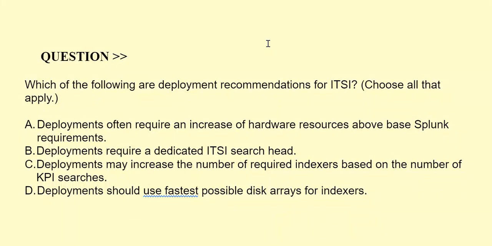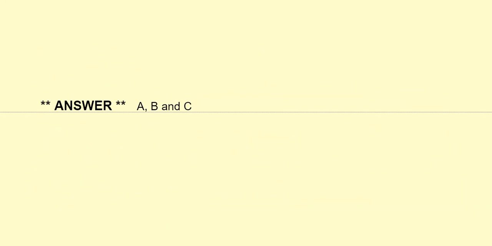Option C, deployments may increase the number of required indexers based on the number of KPI searches. Option D, deployments should use fastest possible disk arrays on indexers. The correct answer is option A, B and C.